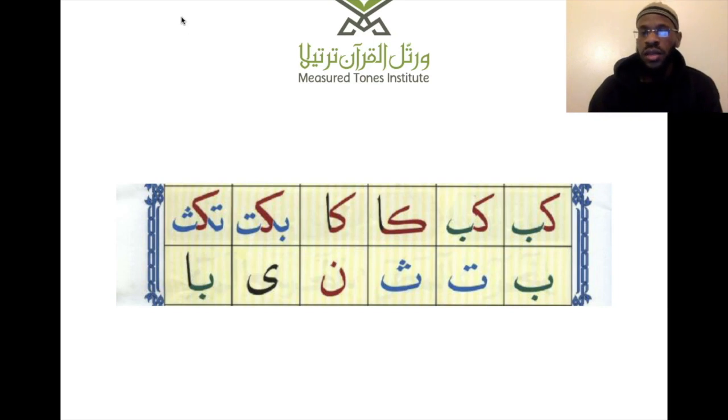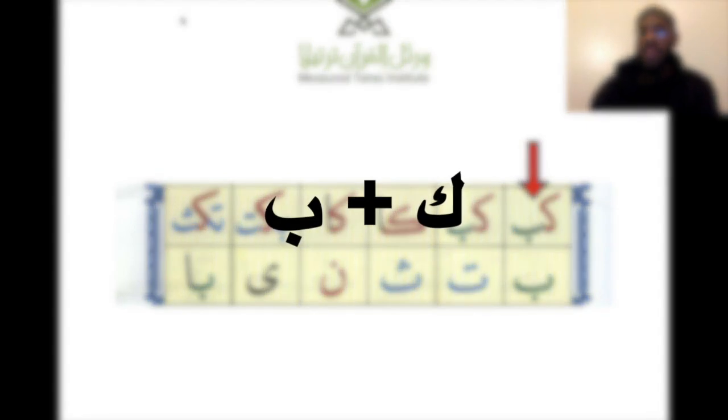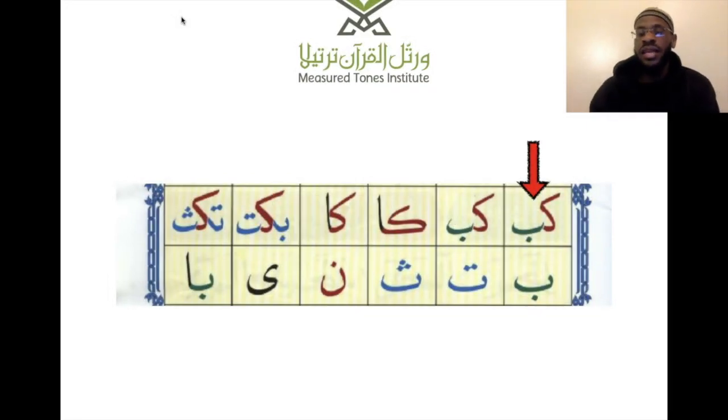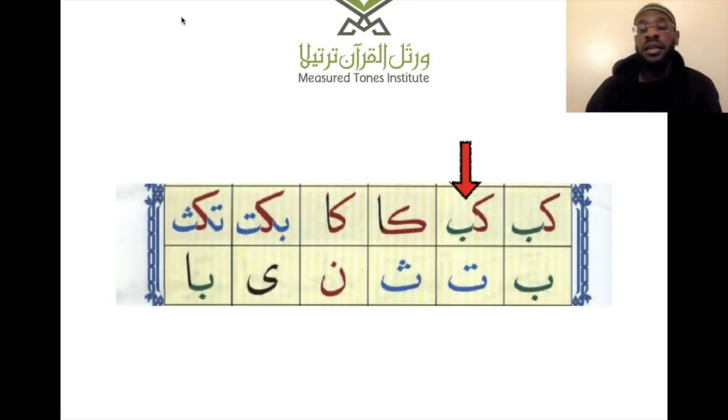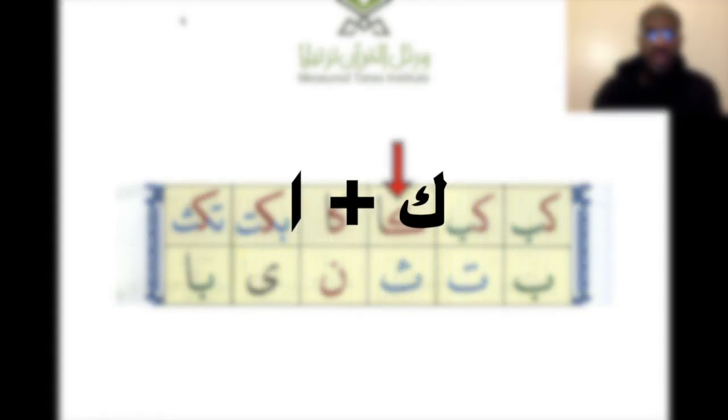So Bismillah. In this first box, we have kaf, ba. So that's one of the ways kaf can look at the beginning of a word. Kaf, ba. This next one is also kaf, ba. So we have kaf, ba, kaf, ba. And then we have kaf, alif.